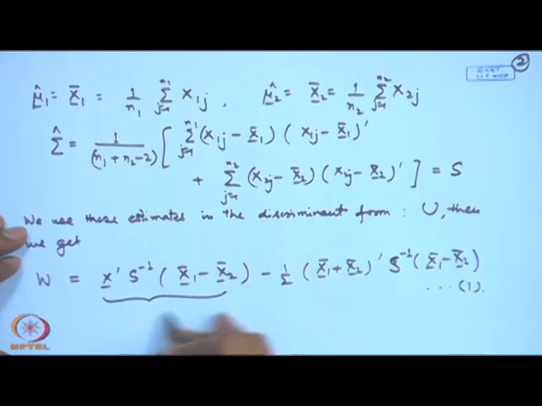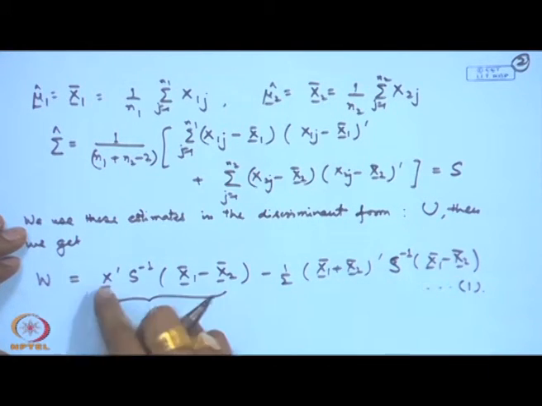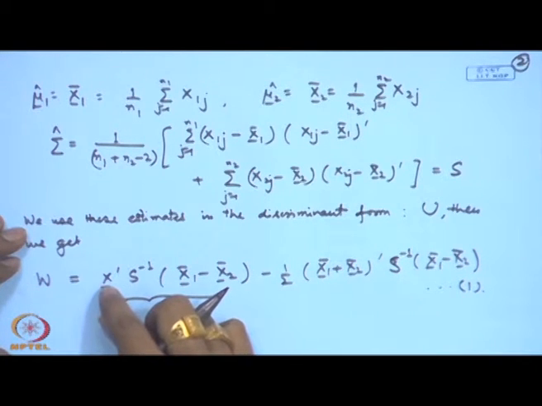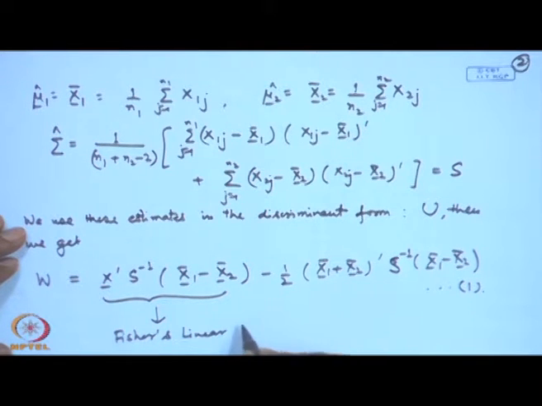This function, because the right hand side does not depend on the x value, will be same for all observations which we want to classify. So, this one is the Fisher's linear discriminant function, which he proposed sometime around 1936.